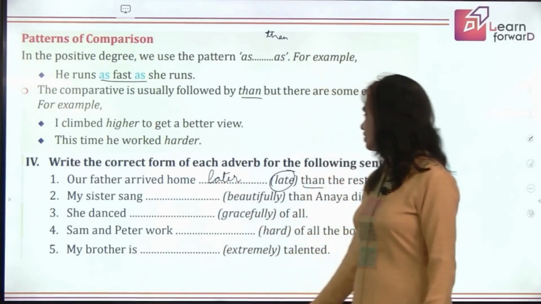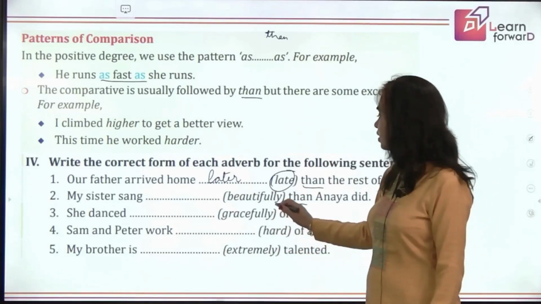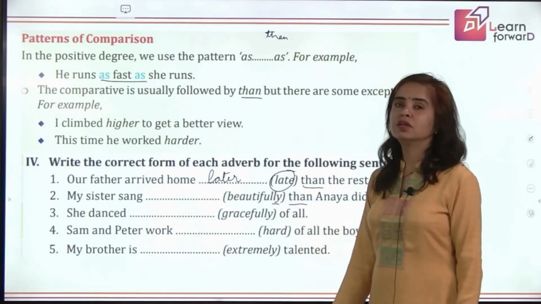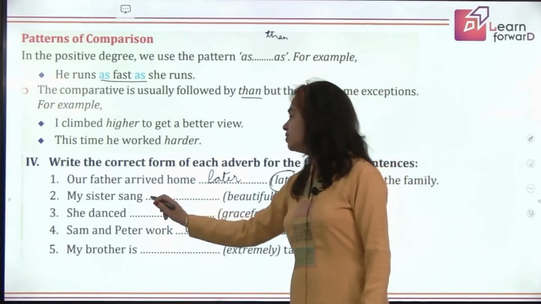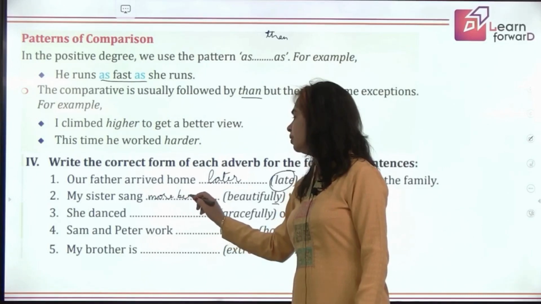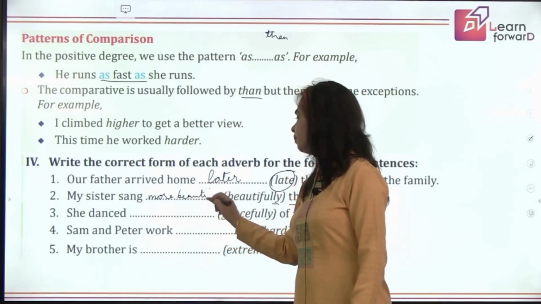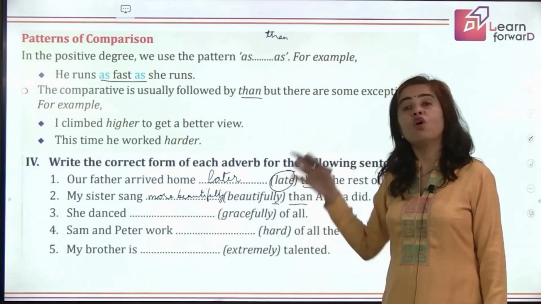Next, my sister sang, again comparative, but what do you see here? The ly sound, ending sound, right? So what will you write? My sister sang more beautifully. Perfect. And in the next, she danced gracefully of all.